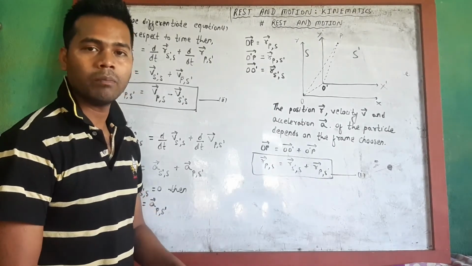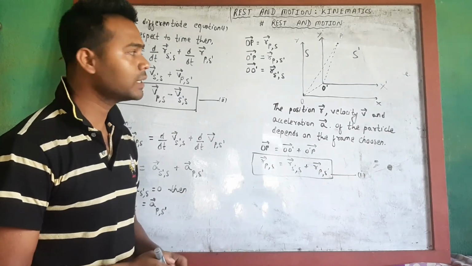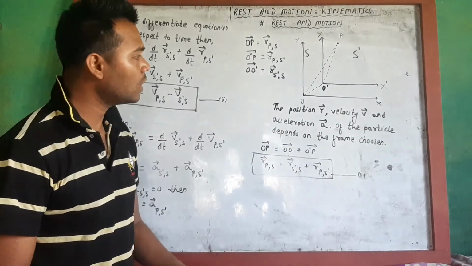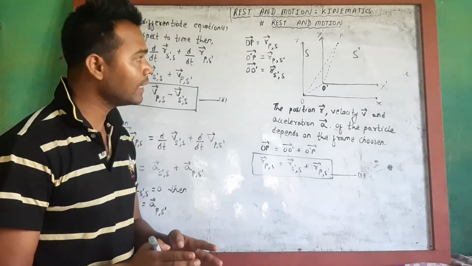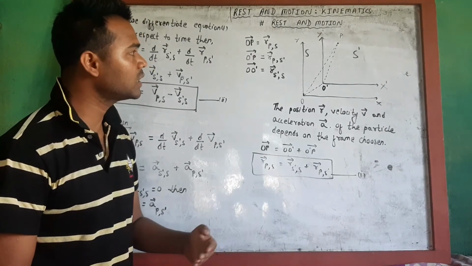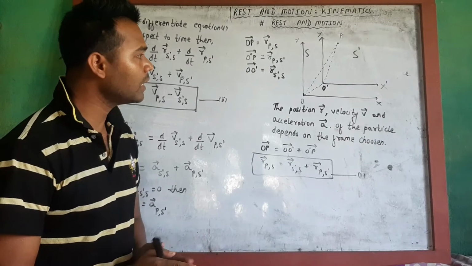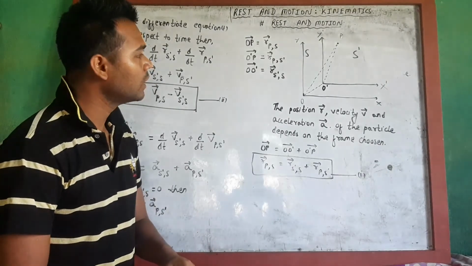The position, velocity or acceleration of the particle totally depends on the chosen reference frame. Now let us see how we can relate the position, velocity and acceleration of a single particle when the particle is observed from two different frames.